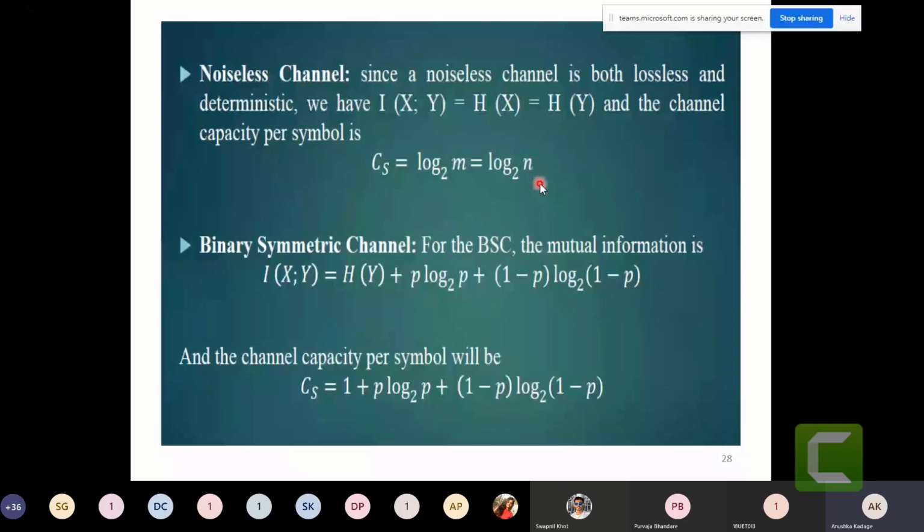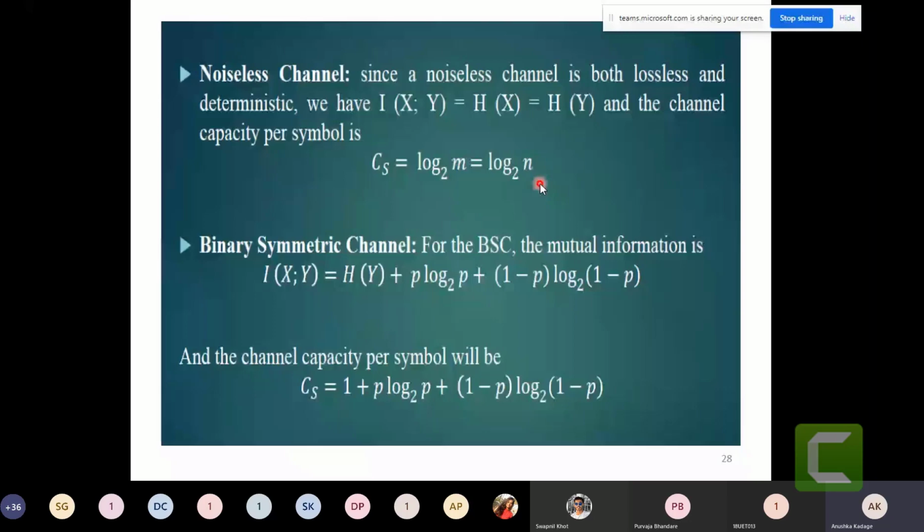Now the remaining type of channel is the binary symmetric channel. In the binary symmetric channel, we have only two possible transmitted symbols and two possible received symbols, with equal probabilities.